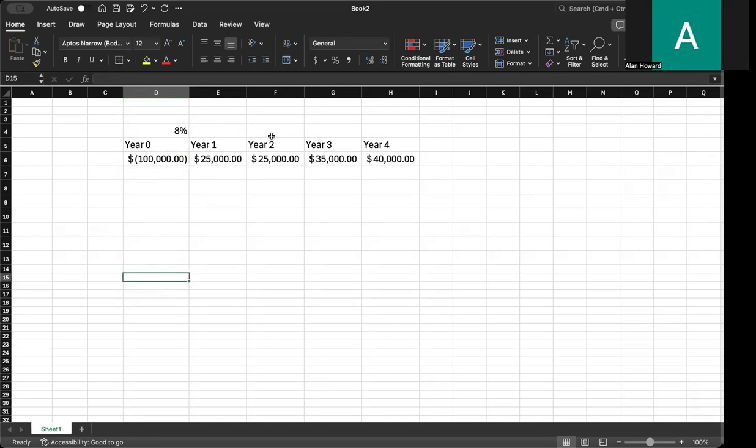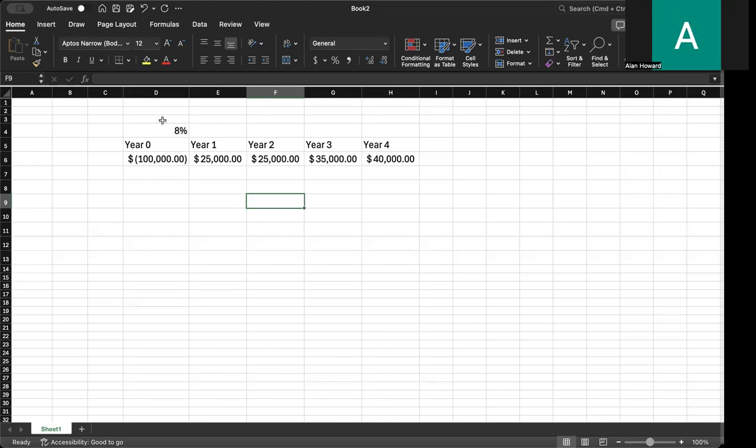And just to review really quickly, what is the NPV? It's the net present value of an investment or a project. Basically, it's the amount of value that's added to the firm by accepting this project, or subtracted from the firm if there's a negative NPV.